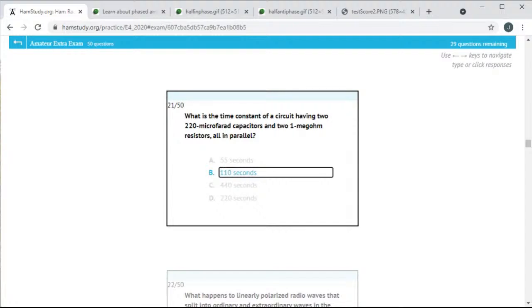Resistors in parallel divide, so that's going to be half a megaohm resistance, and capacitors, I believe, in parallel actually add, so that's going to be 440.